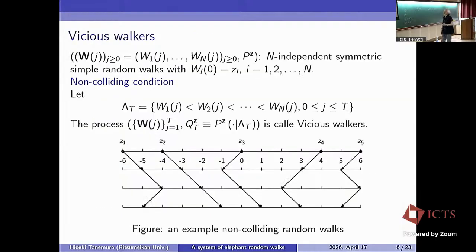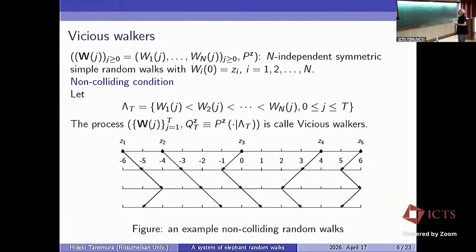Okay, I will explain the vicious walk. The vicious walk was introduced by Michael Fisher in statistical physics. This is just a conditional random walk. Consider n independent symmetric simple random walks starting from z_i, like that.